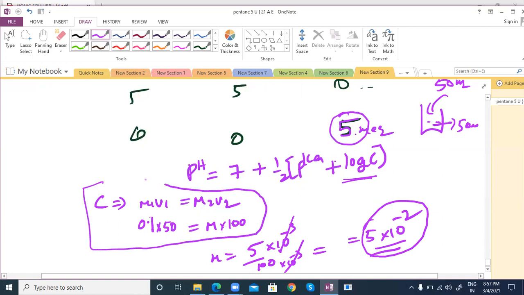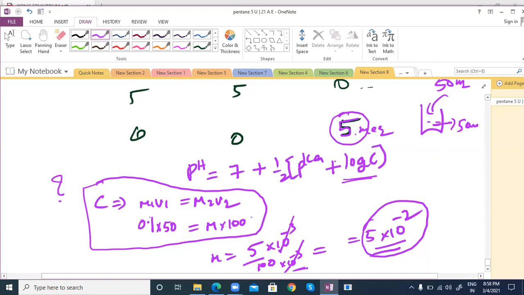Up to this they can find out, but here again students are going to forget. Because of dilution, 5 by 100 into 10 power minus 3 should be 5 into 10 power minus 5, like 5 into 10 power minus 2. But again you have to convert ml into liters, so 10 power minus 3 will be there.